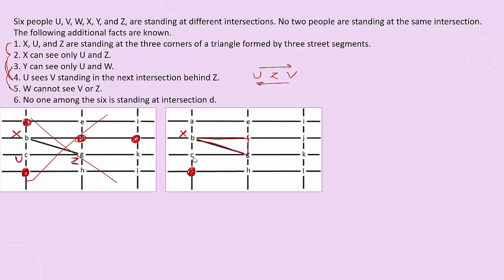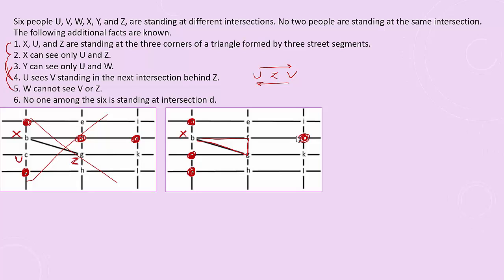So now according to this, X can see only U and Z. That means nobody should be at this point, nobody should be at this point, right? Nobody should be at this point, right? This is my relation possible. So these are the places which are not possible here, right?